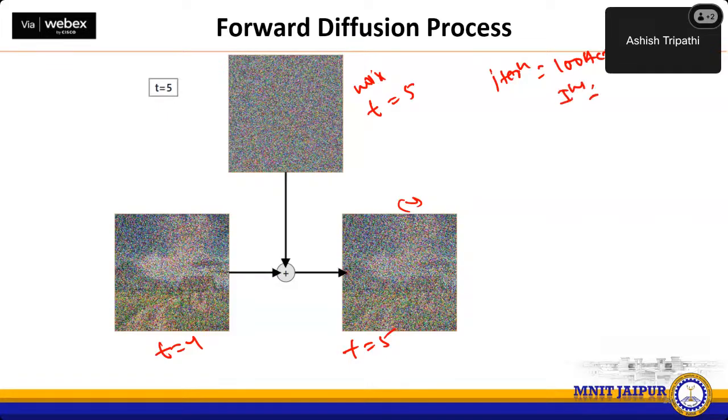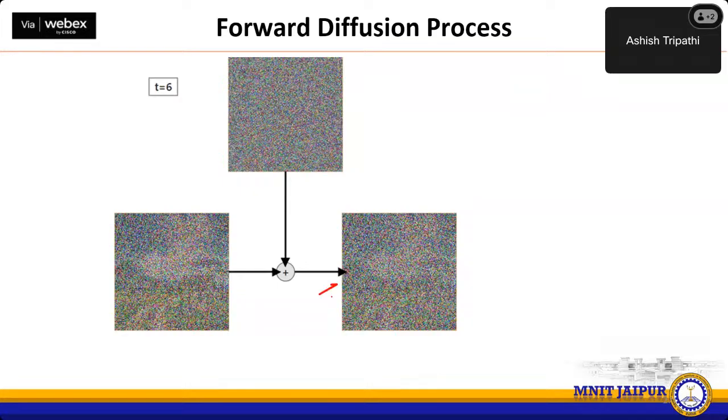The image is looking like this. T equal to 6, more noisy. T equal to 7. Now you can see this is the noise and this is the noise, and again I am getting a noisy image. T equal to 8.